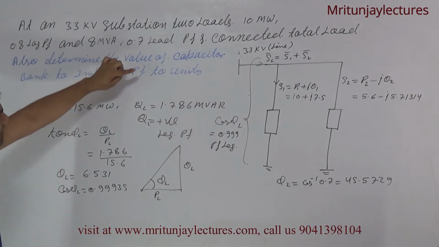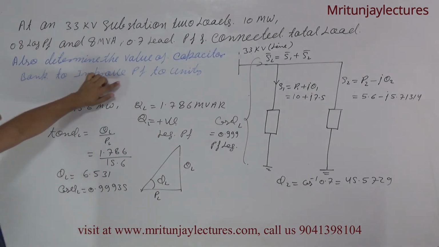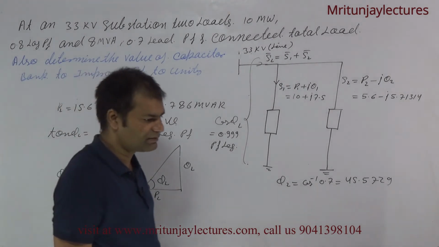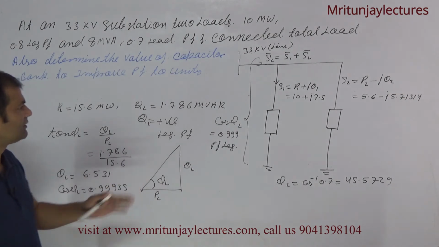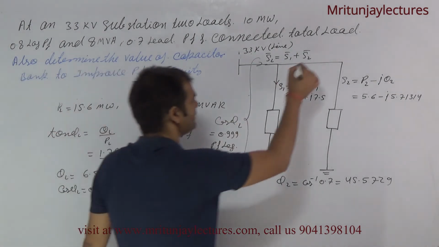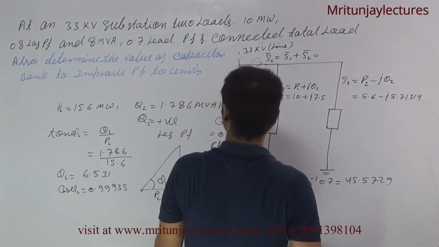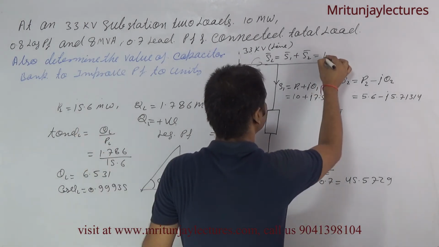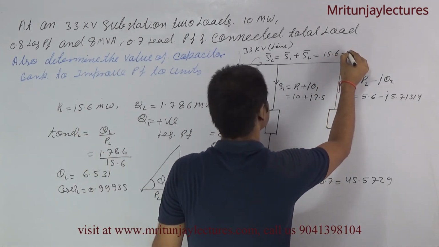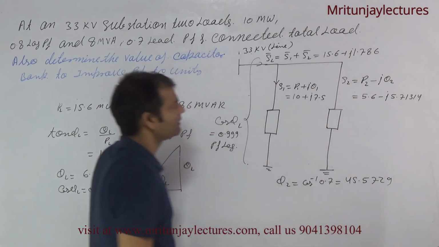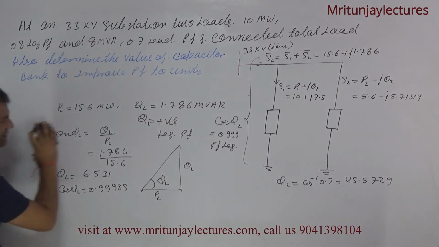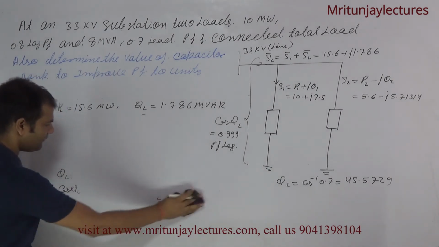Also determine the value of the capacitor bank to improve the power factor to unity. The capacitor bank is to be added here. What about SL? It is written as 15.6 plus j 1.786. Now the capacitor bank is added to improve the power factor.